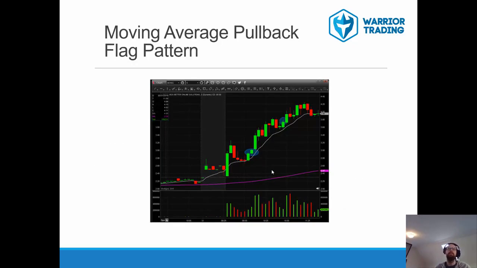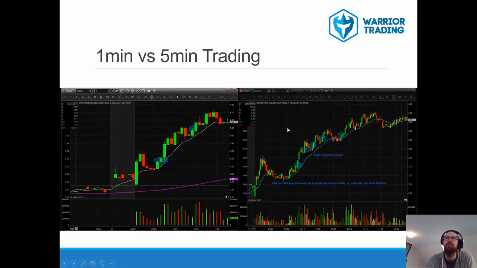This right here on BOSC is both a bull flag and a moving average pullback, right? Because we pull back to the 9 moving average, which is 100% true, but it's also the first candle to make a new high. So this one happens to be both. This pullback here is also a little bit of a bull flag, pull back to the moving average.